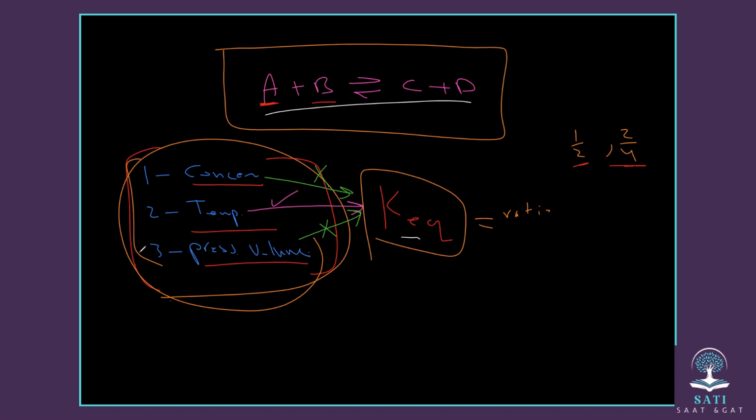Okay, how are they going to be changed? We're going to study each case, how it changes the state of equilibrium. If I have A plus B gives me C and D, we have something called Le Chatelier's principle.